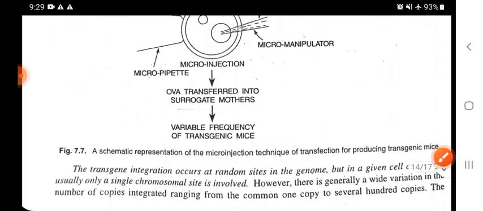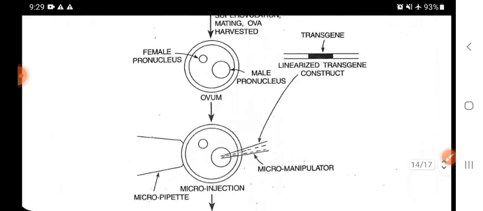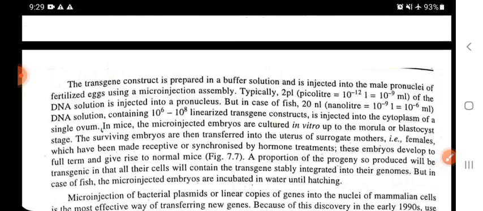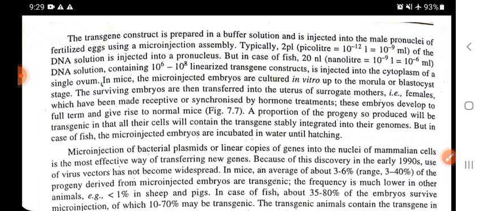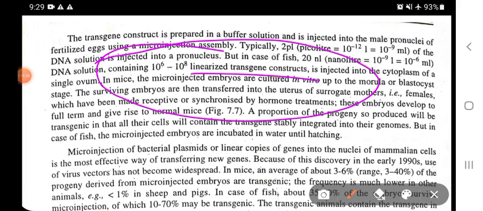So this was about microinjection. Just go through these notes. Many things have been mentioned here which are not strictly necessary, but it is beneficial for you to gain extra knowledge.